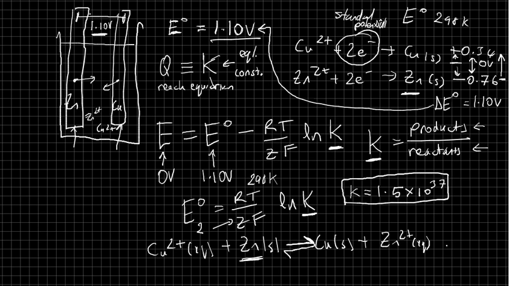And so that means that zinc is oxidized to zinc 2 plus, and copper 2 plus is reduced to copper, because remember that oxidation is loss of electrons, and so zinc here is losing electrons and becoming zinc 2 plus.